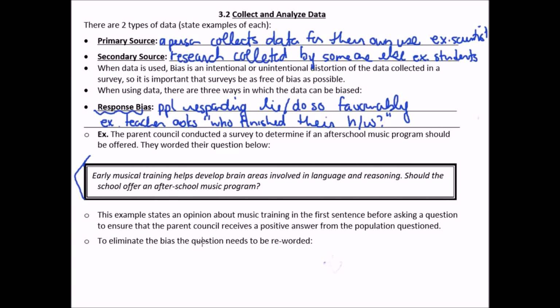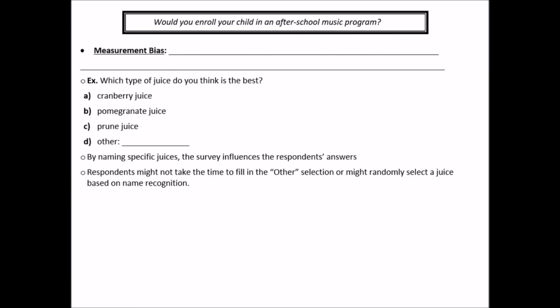To eliminate this bias, the question can be reworded, and we have to reword these very neutrally: Would you enroll your child in an after-school music program? What this is called is a measurement bias.